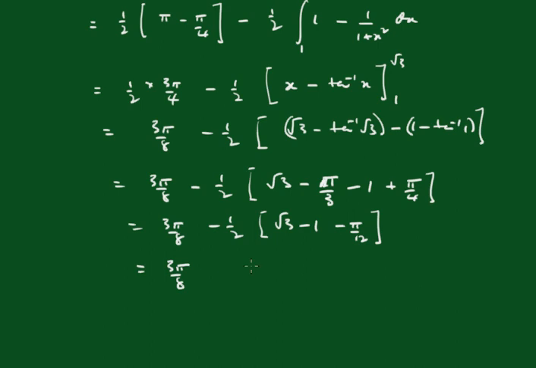Now this will be plus pi on 24, minus, we'll leave it in that bracket, 1 half root 3 minus 1. And this becomes 5 pi on 12 minus a half outside of root 3 minus 1, which is our final answer.